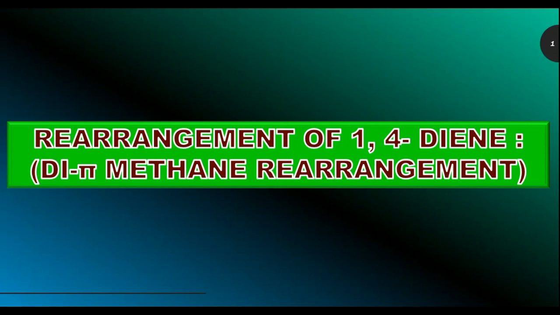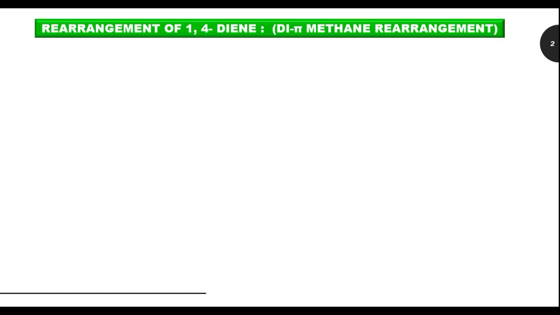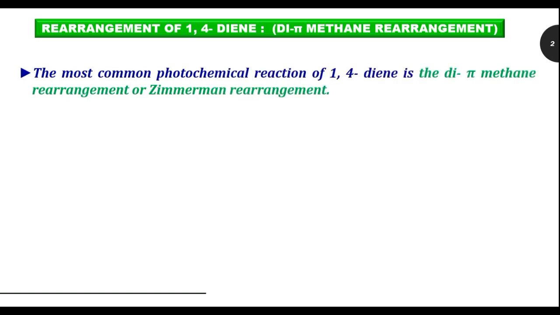So what is a di-pi-methane rearrangement? Let's see. It is the most common photochemical reaction. This is called the di-pi-methane rearrangement or Zimmermann rearrangement.